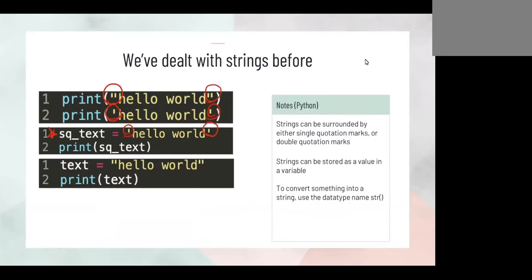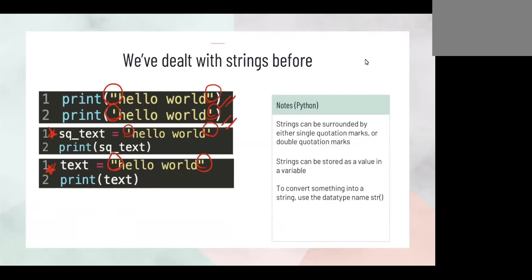But we also had another option where we stored a string in double quotation marks in a different variable, text. Regardless, all of these three blocks of code do the same thing. Or I guess technically four blocks of code, if you consider that this one right here is different from this one right here. They all print out hello world. The way that we do it is a little bit different each time around.